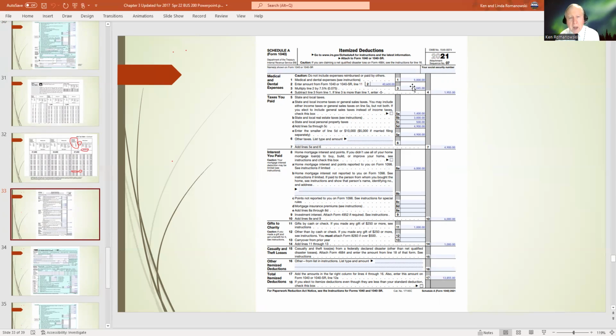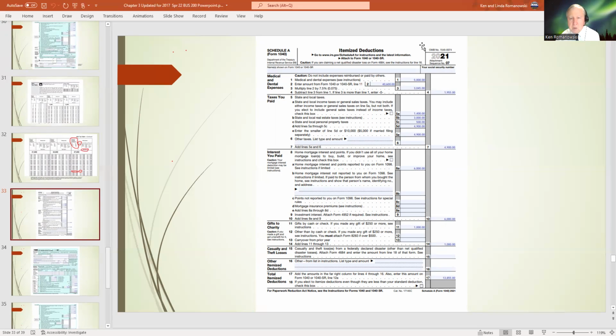So it turns out that Joel Embiid had $5,000 of medical and dental expenses, I should say. Now, he's only allowed to deduct up to a certain amount. So it's anything over the certain amount. So in 2021, it was anything over 7.5% of his adjusted gross income.